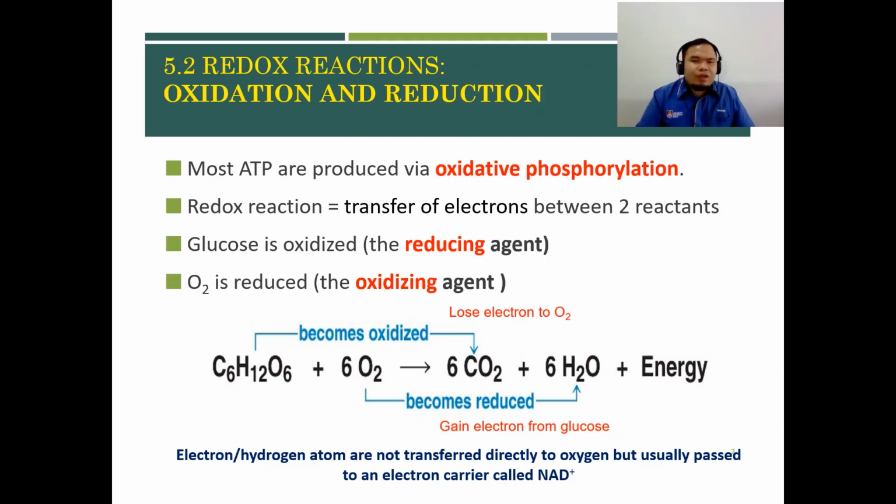I think most of you have heard this means of remembering oxidation and reduction. See here, glucose loses electrons and becomes oxidized into carbon dioxide, and oxygen is reduced into water, in which it gains electrons from the glucose molecules.